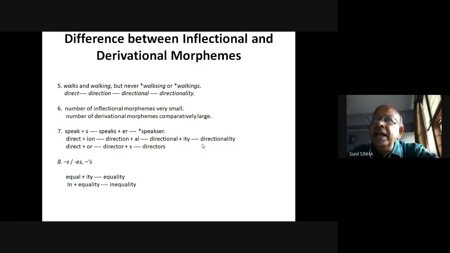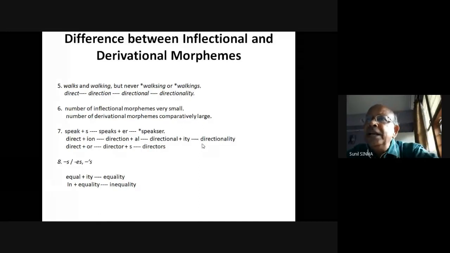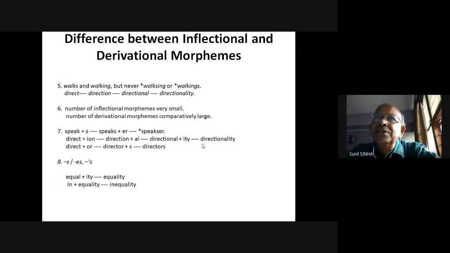Whereas if we add IN to equality, we get inequality. Now IN is a prefix. So a derivational morpheme can be both a suffix and a prefix. ITY, as I said, is a suffix. IN is a prefix. But all inflectional morphemes in English are suffixes. Remember this.